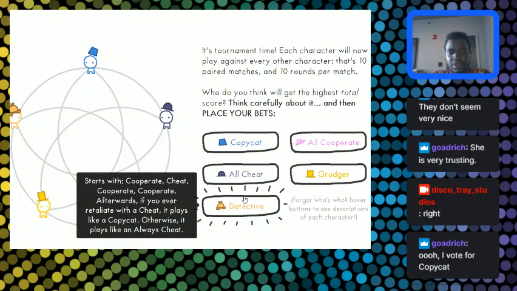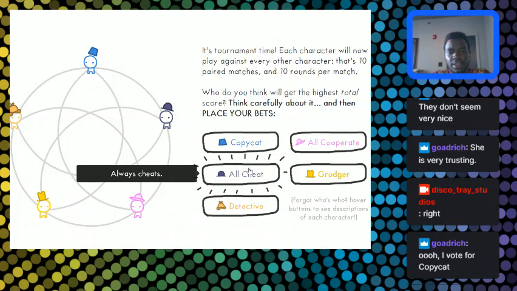Start with cooperate, cheat, cooperate afterward. If you ever retaliate with a cheat, it plays like a copycat. Otherwise, it plays like an always cheat. So from what I've seen so far, it seems like cheating really doesn't make you lose anything.